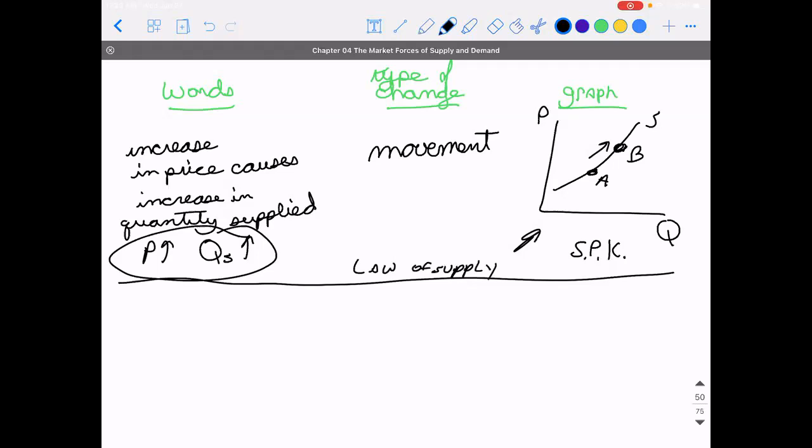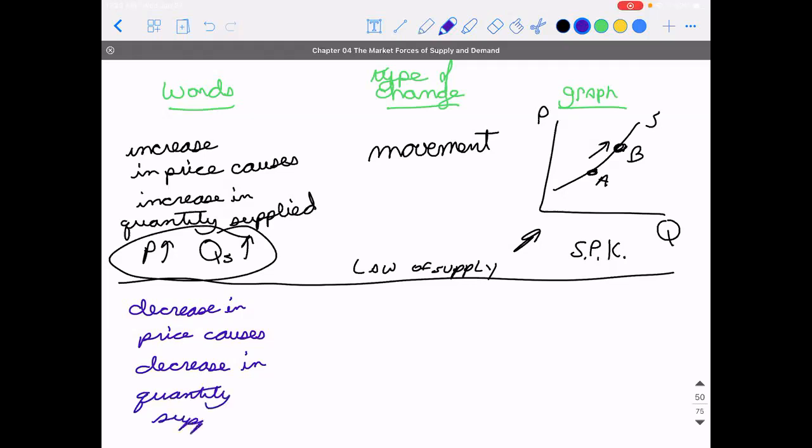And I could do the reverse, or the opposing effect, where my decrease in price causes a decrease in the quantity supplied.